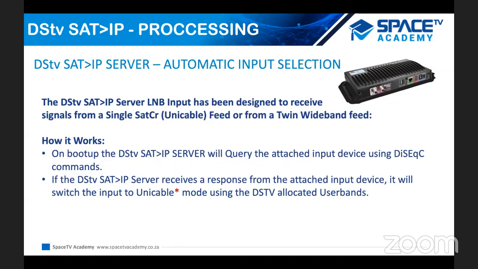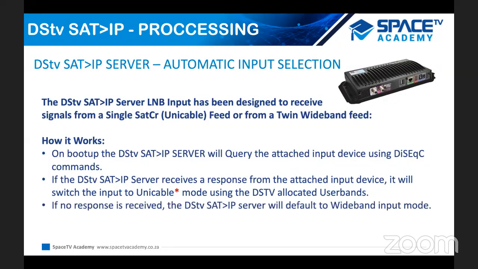Because obviously, as with the decoder, as soon as the server sends a command up to a smart LMB, it will respond and send a command back down to the server, which will then indicate to the server that it is actually connected to a unicable LMB. If no response is received, obviously the wideband LMB does not have that functionality. The server will automatically default to a wideband input.